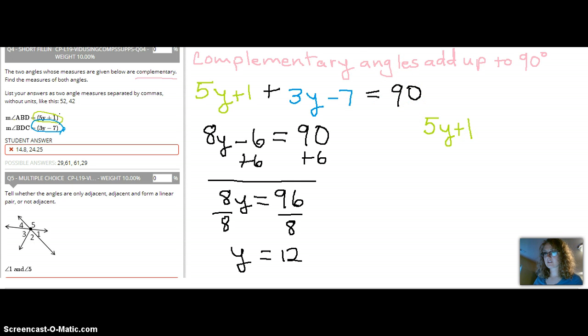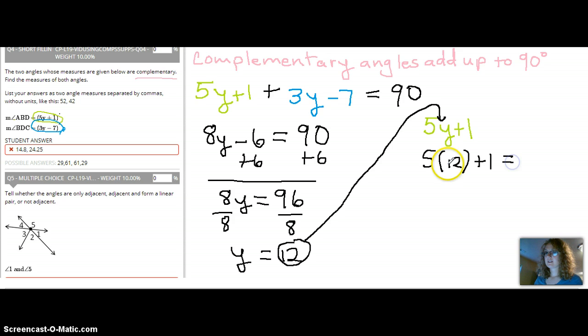That means first I better take this 12 right here and plug it in for the y. So now when I rewrite it, I'm going to have 5 times 12 plus 1. And that's going to equal 5 times 12 is 60, plus 1 is 61. So we've got an answer for the first measure.